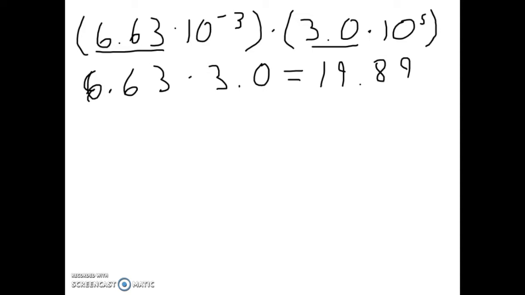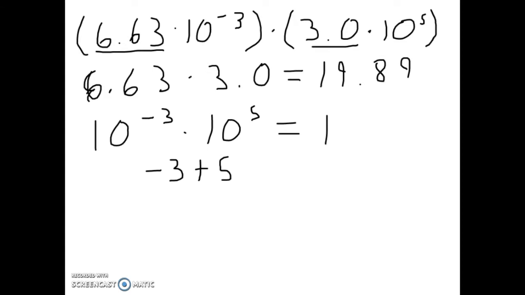Then we can figure out what the base becomes, which we can do by adding the powers of each one. So 10 to the negative third times 10 to the fifth, we can do by adding negative 3 and 5 to get 10 squared.